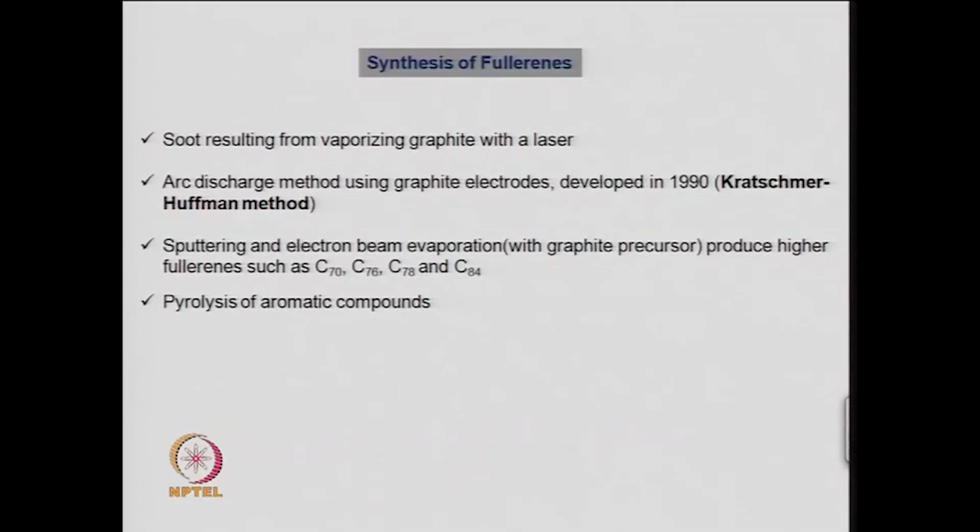So, you can use the technique of shining laser on graphite and collecting the soot, or you can use the arc discharge method using graphite electrodes, by which you can generate soot which collects on the inner walls of the chamber, and which you can collect, and from that you will get a variety of C60, C70 type of fullerenes, and then you have to separate them.